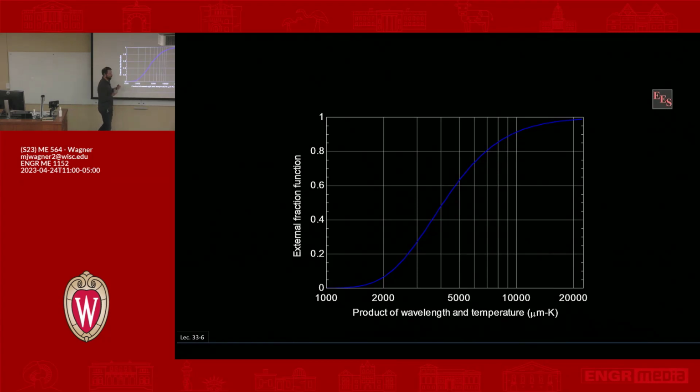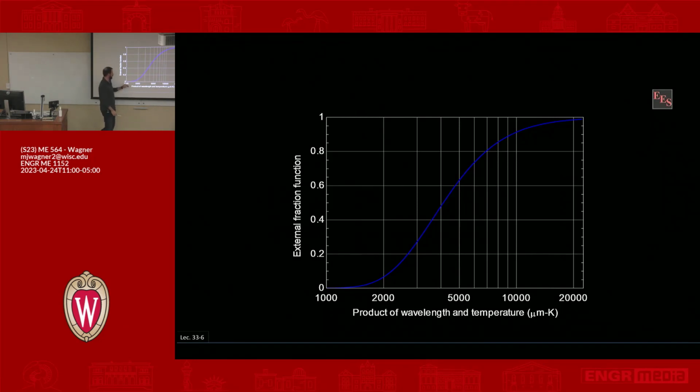What this is saying is I know the surface temperature, the body temperature. I multiply it by a wavelength, and I let that wavelength vary. I can then take that product, plug it into this function, and that tells me the amount of power that exists between 0 and that wavelength.